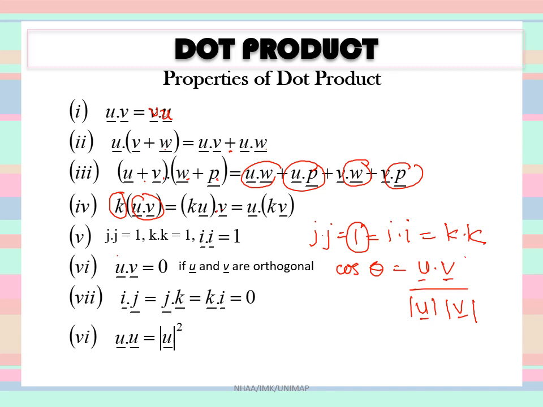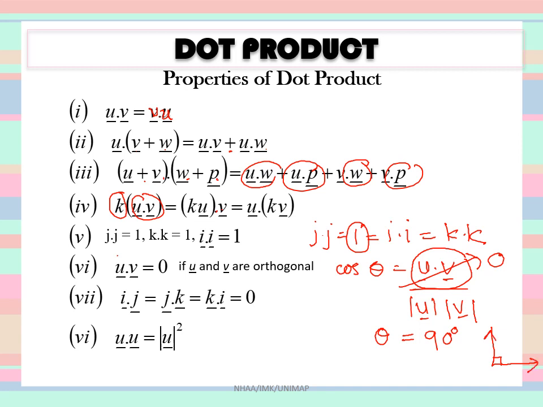Okay, so when dot product of u and v here is equal to 0, you will get theta equal to 90 degree. 90 degree means your vector u and vector v are perpendicular.